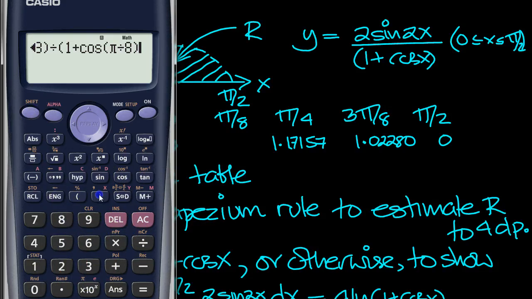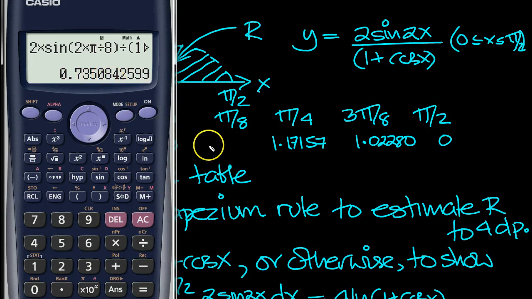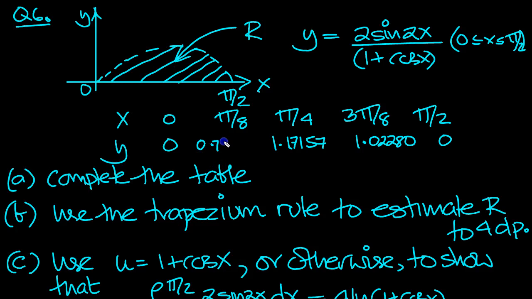That's the x value. Close the cos bracket, close the bracket underneath, equals 0.735. Now we need it to 5 dp, don't we? 0.73508.